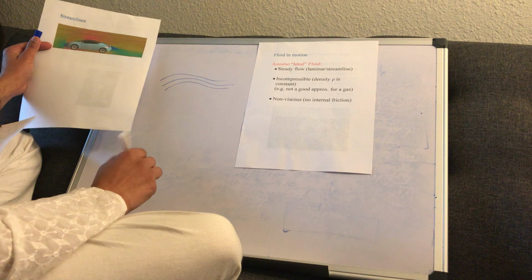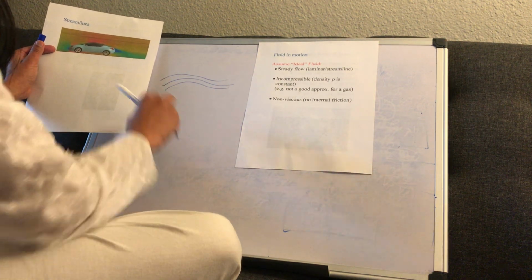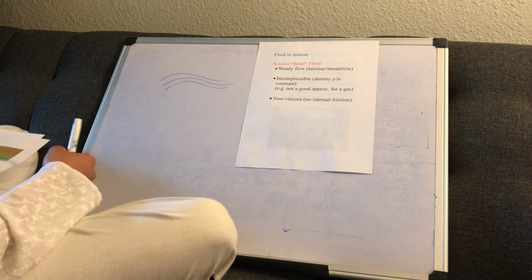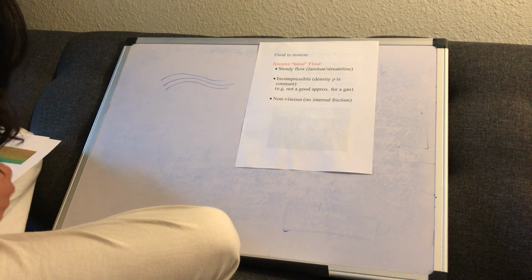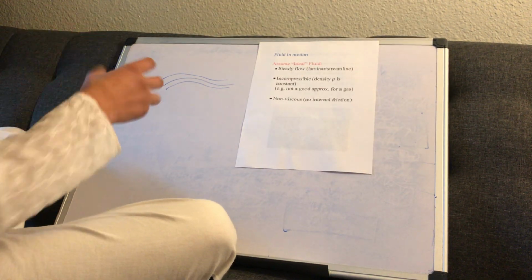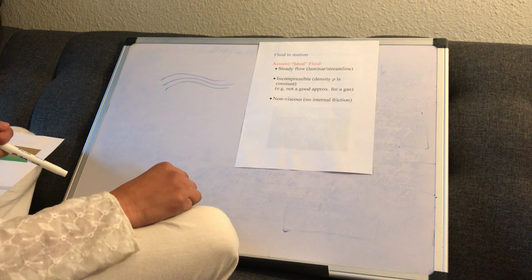These are the streamlines. They never cross each other. They are the distinct pathways for the fluid to flow. Really, a streamline is like a trajectory. When you have a projectile, it moves in a trajectory, right? The trajectory of the fluid is called a streamline.